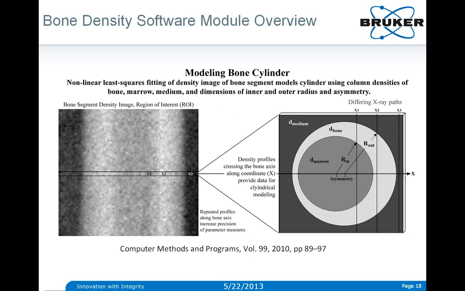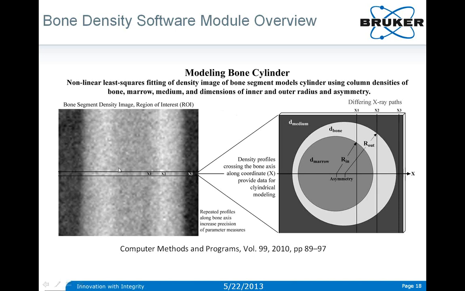The next several slides we'll introduce the bone density software module. The method that is employed in the Bruker bone density software module was originally reported in Computer Methods and Programs. Essentially what the software allows you to do is to make bone density measurements from planar X-ray or planar radiographic images in the long bone regions of the sample.